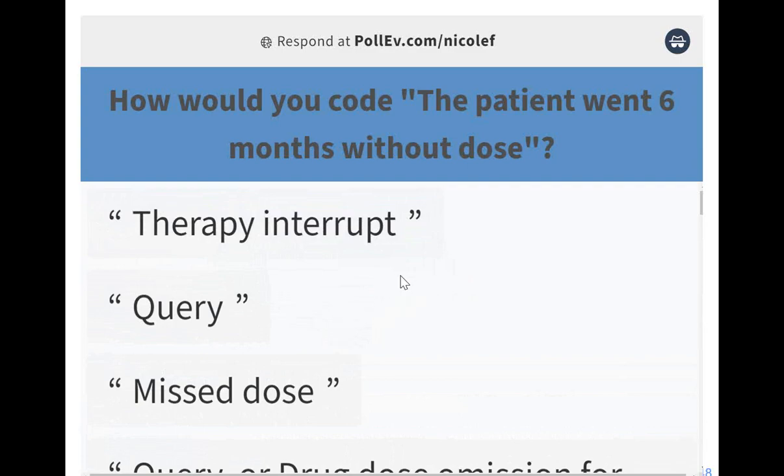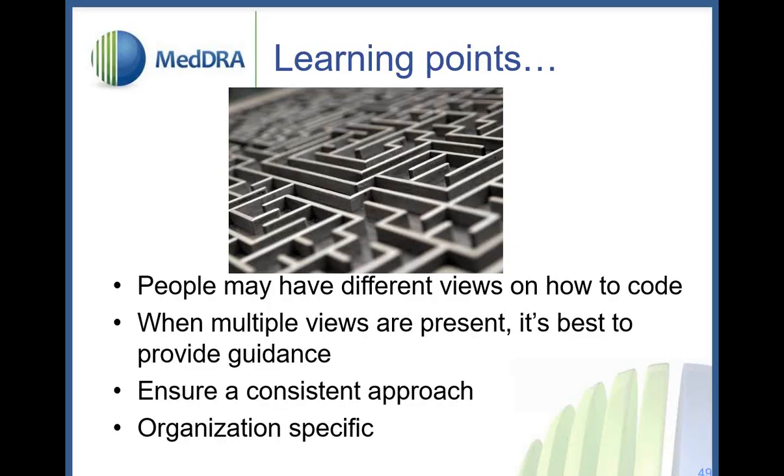Yep. Okay, so with that, I'm going to go to my learning points. As Samina mentioned, as all of you greatly mentioned in the open-ended polls, this is a topic where people may have different views on how to code.